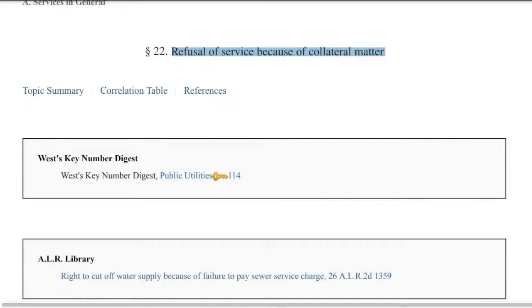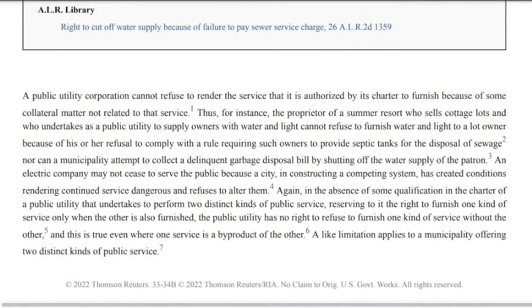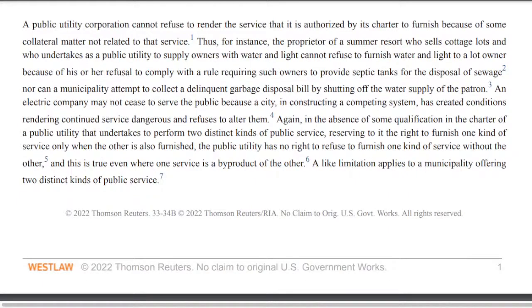Refusal of service because of collateral matter. Here's a right to cut off water supply because of failure to pay sewer service charge. And that's another volume. A public utility corporation cannot refuse to render the service that it is authorized by its charter to furnish because of some collateral matter not related to that service.